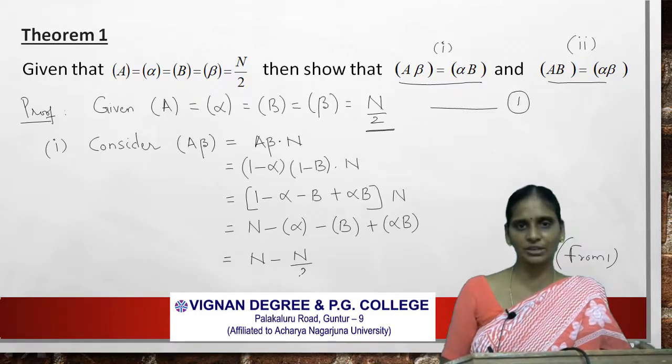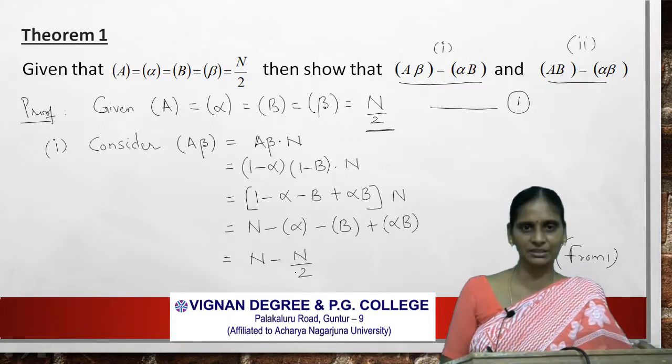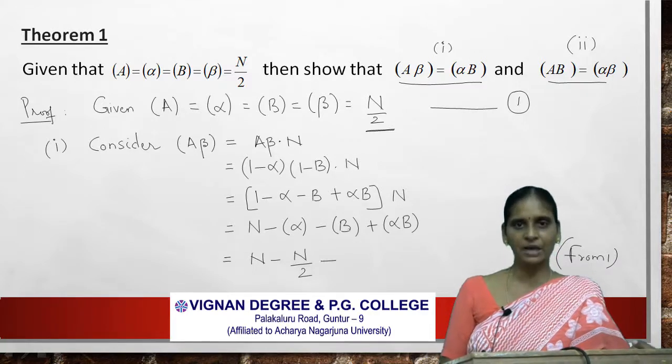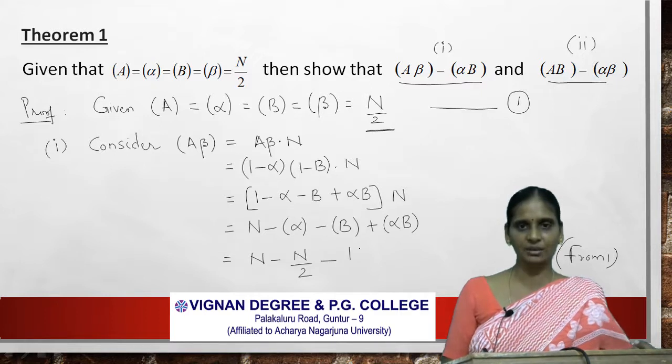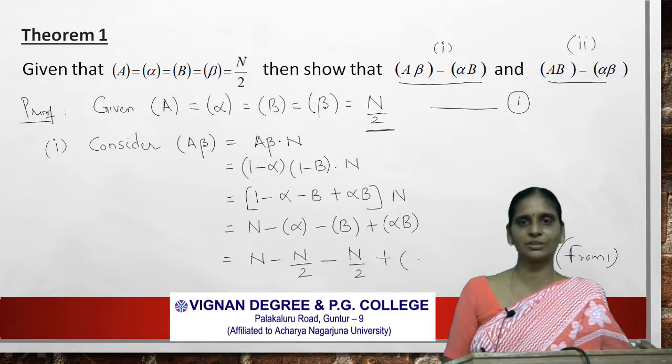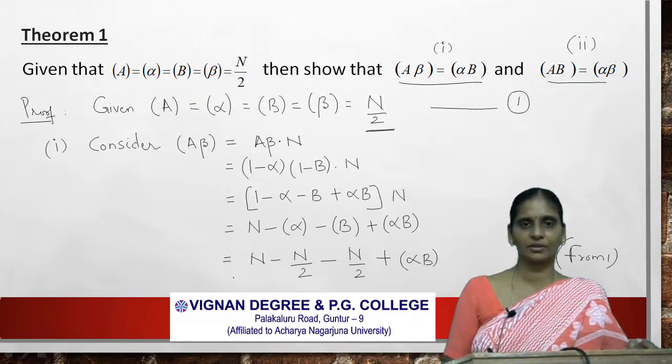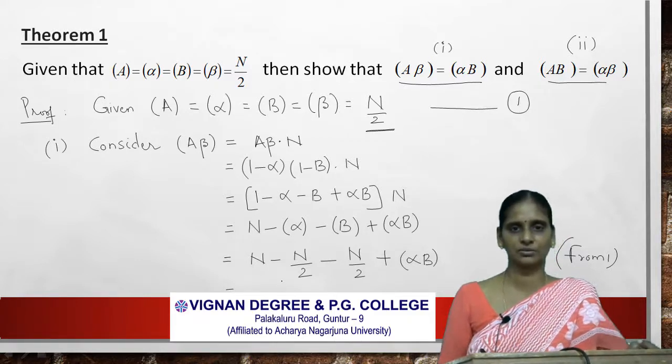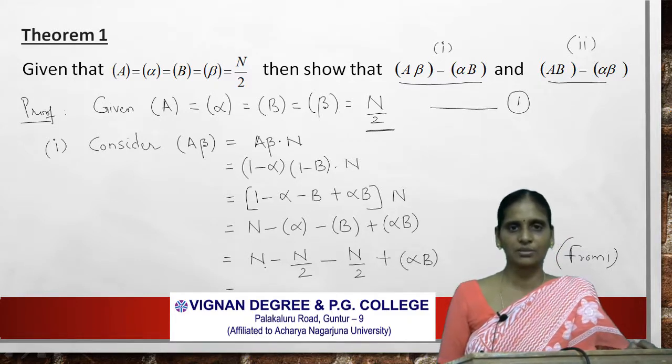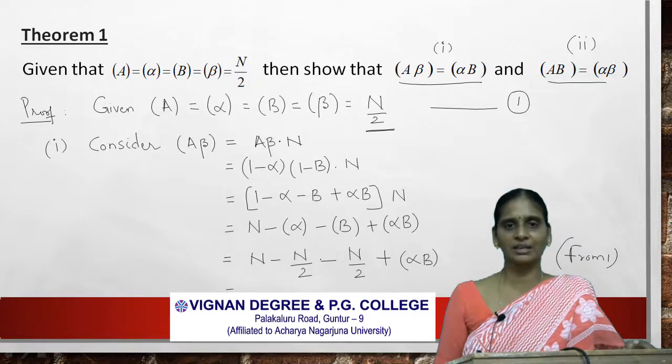So n minus n by 2, minus n by 2, plus frequency of alpha B, and this is equal to, by the simplification of n minus n by 2 minus n by 2, here we get n minus n.